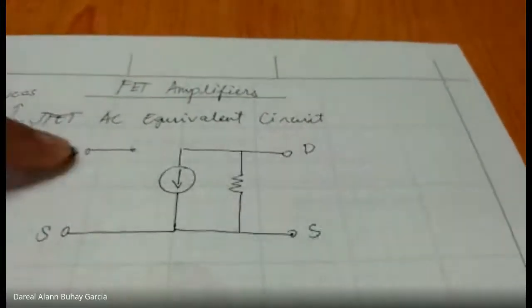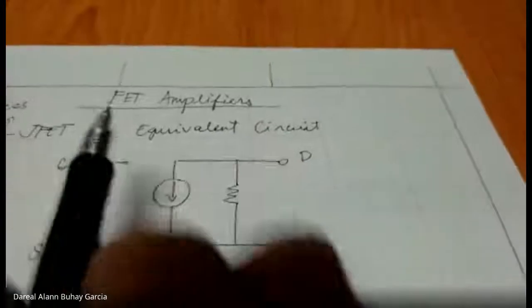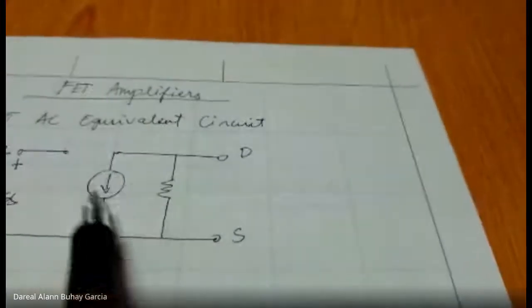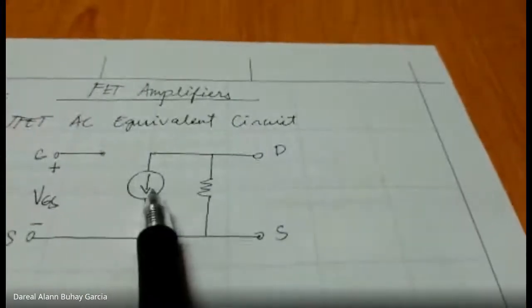The voltage drop across here, we call VGS. It controls the current that flows here, ID, the current that flows from drain to source, or through this current source in particular.